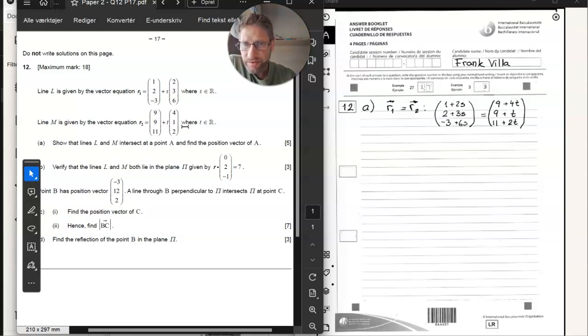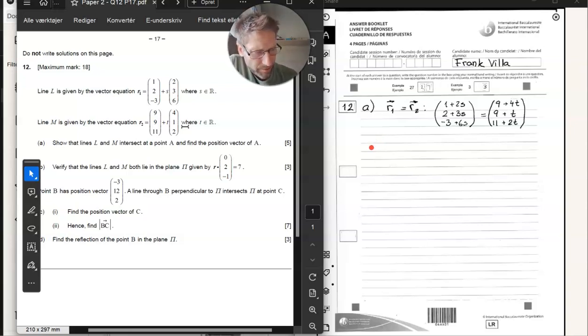So we just solve the 3 equations to see if we can find values of s and t. And if you like, you could do this the matrix way. Why don't we? No, I don't want to do that because it's too cumbersome.